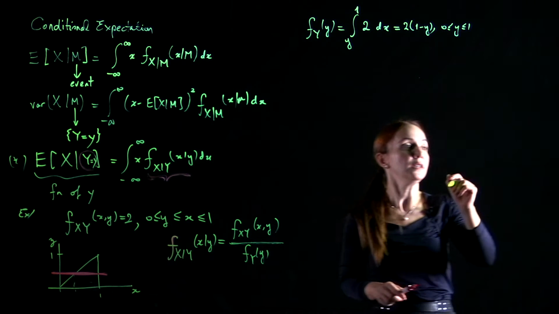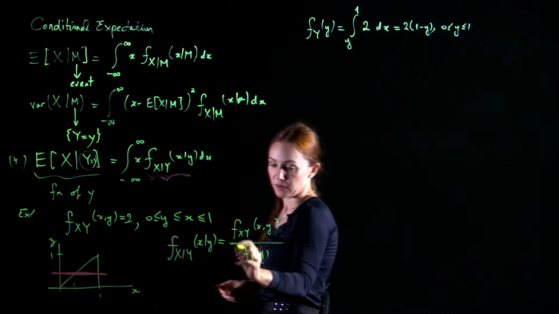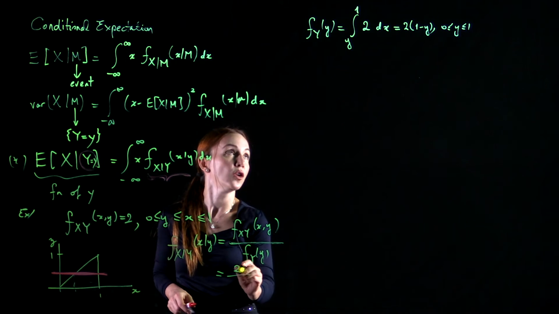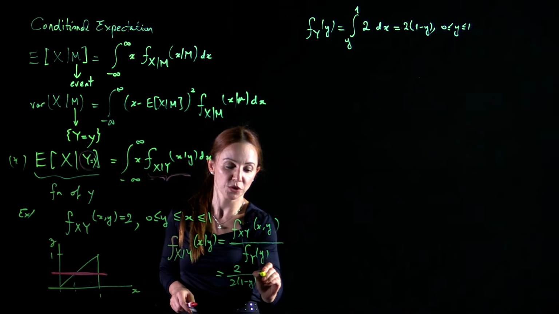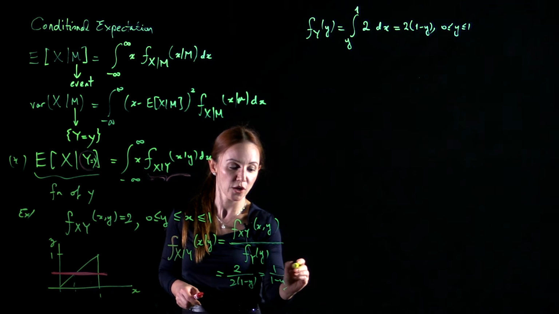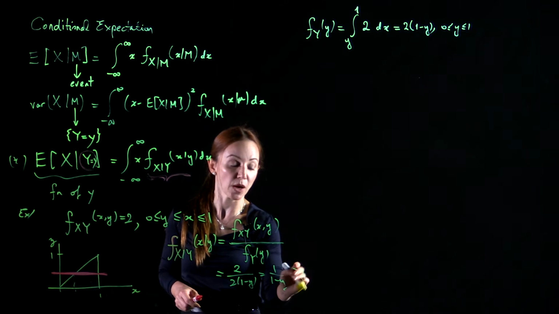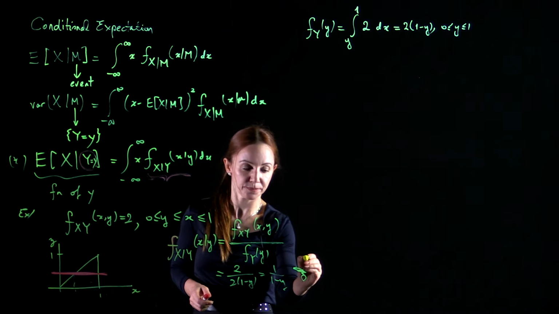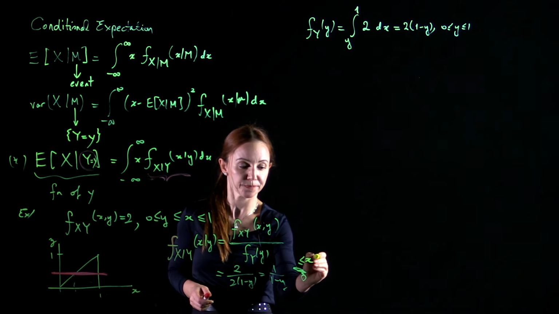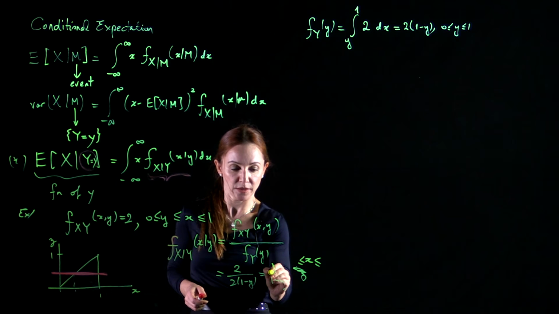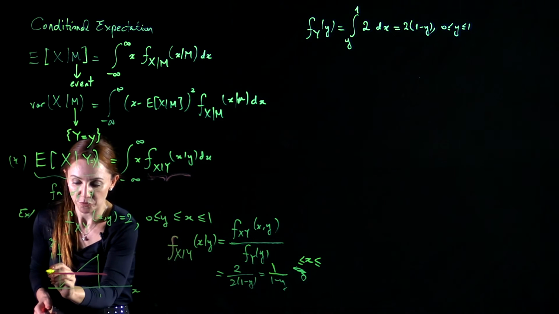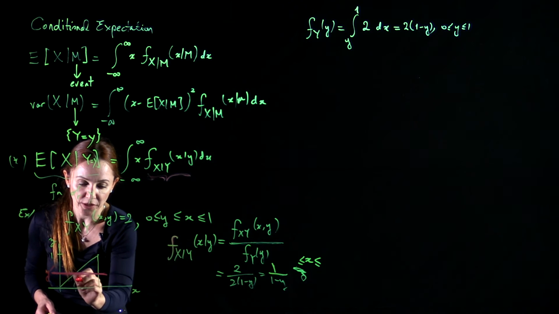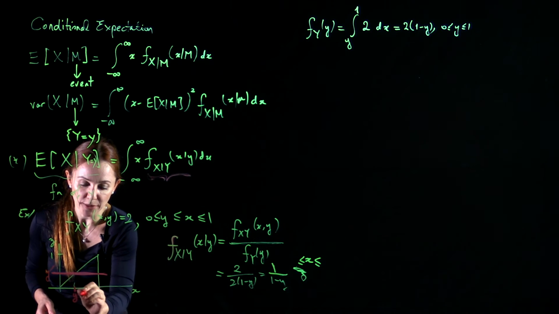So then we find the conditional density as 2 over 2 times 1 minus y, which is 1 over 1 minus y when x is between, for a particular value of y, let's say y prime, x lives between y prime and 1.